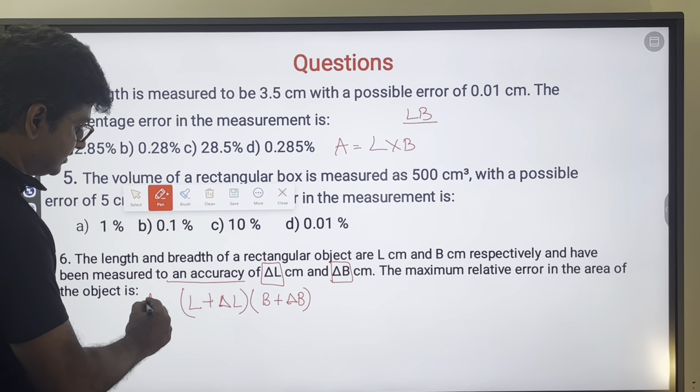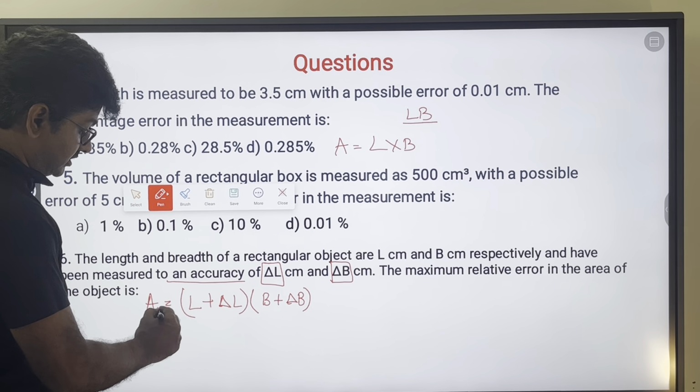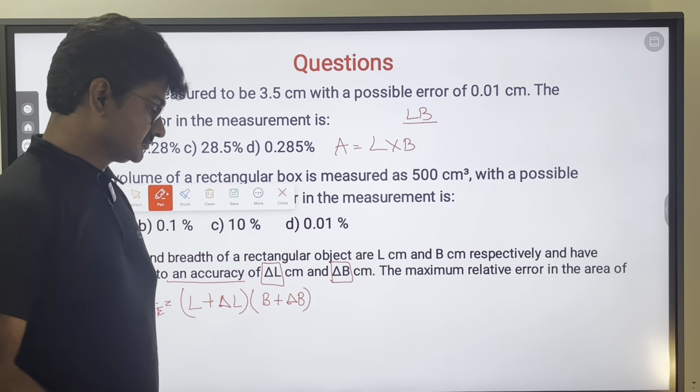Now this is the area with error: L plus delta L into B plus delta B.